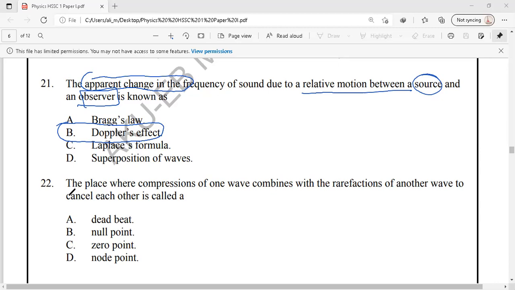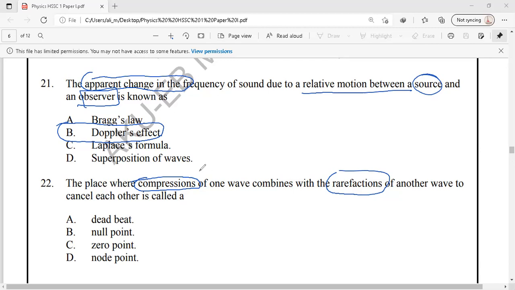Let's see question number 22: the place where the compression of one wave combines with the rarefaction of another wave. There is a superposition of waves in which compression meets the rarefaction of two waves, so they cancel out each other's effect. So this point will be known as which point?